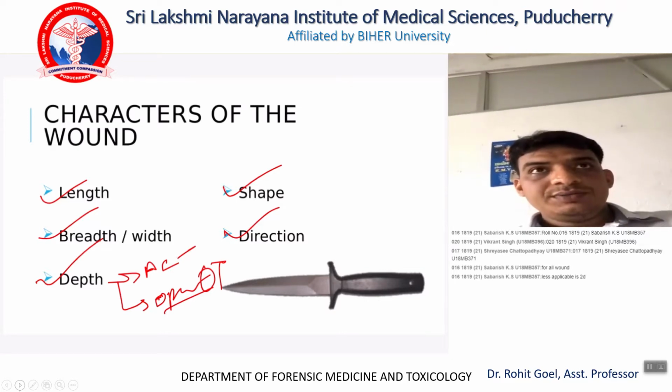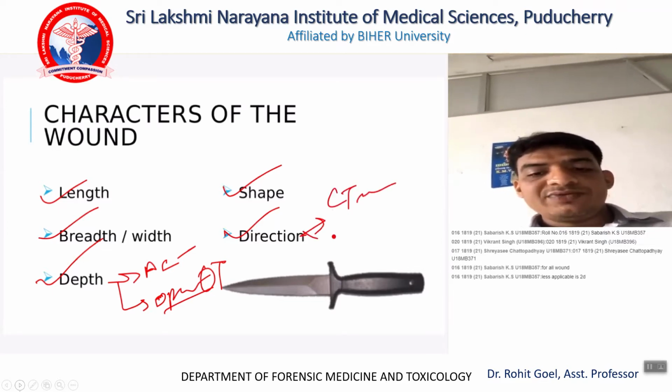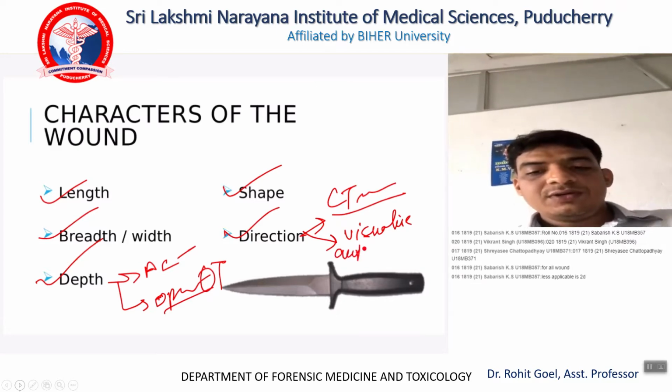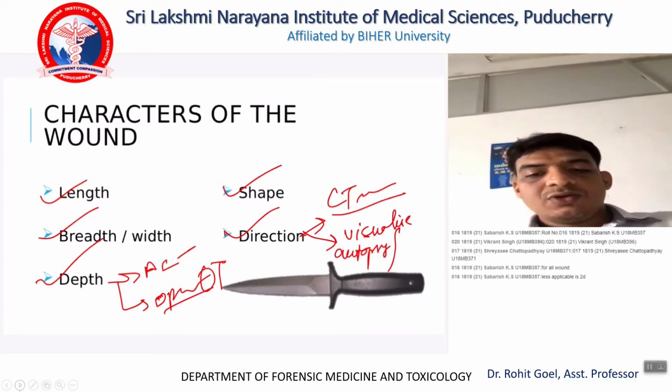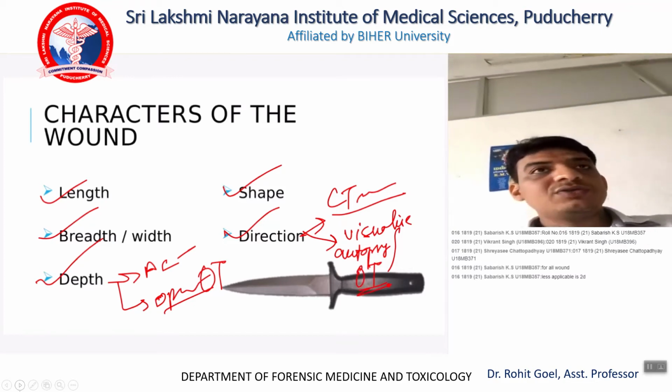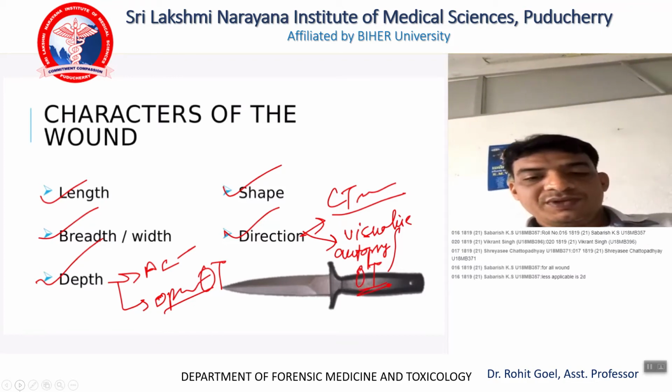Direction can be determined by CT scan or imaging modalities, looking for the extravasation, and also visualized while doing autopsy or while doing an operation later, while doing surgery upon these kinds of patients.